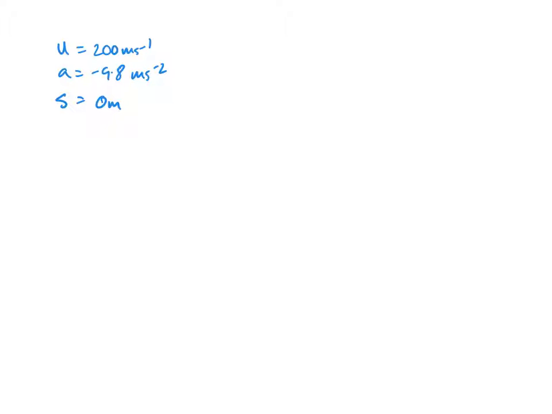And at landing we can put in s equals 0, and use that to find the time of flight. You can solve this with one equation, considering that point. But what a lot of people tend to do is work out the time to the highest point and then double it. It's perfectly valid if it's a flat surface, but you've got to remember to double it or else it's wrong physics and you're going to lose a lot of marks.